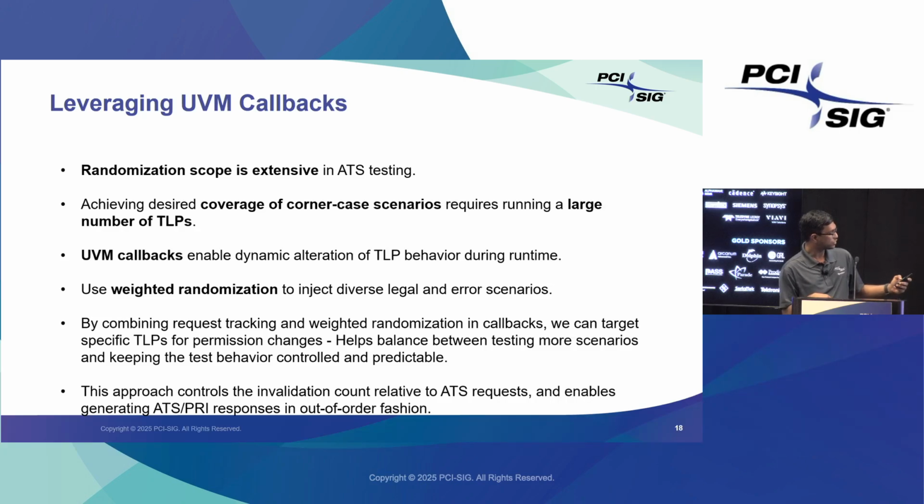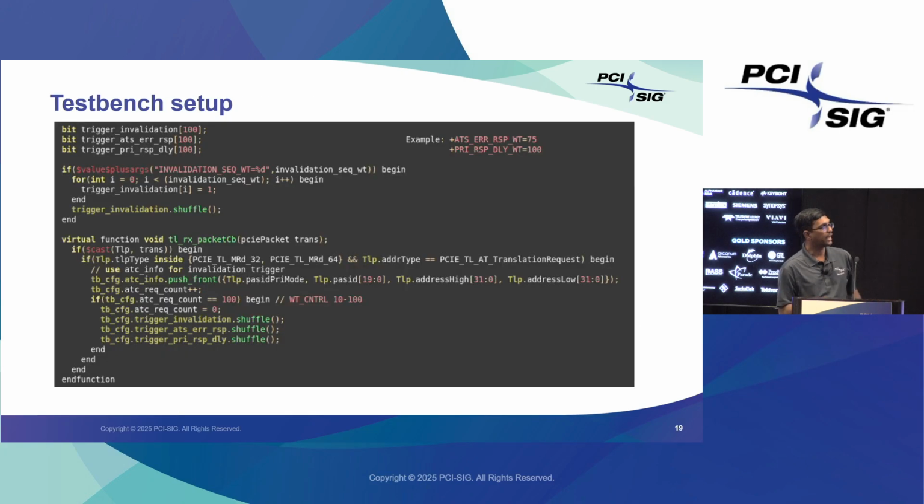In the next slide, this is simple code I have written in my config file. If you see, I declared variables like trigger invalidation with 100 count, ATS error response, and PRI response delay. This code makes one vector with 100 bits, initially set to 0.